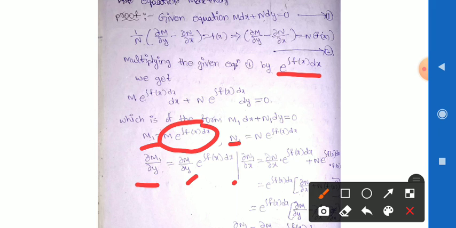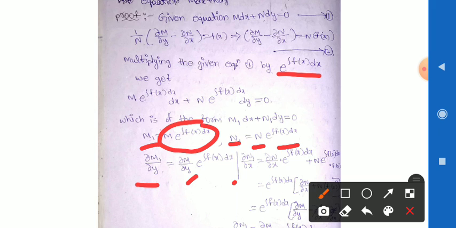Then for N1, I am doing partial differentiation with respect to x. We get ∂N1/∂x using the u into v method. Here N is a function of x and y, and the exponential of the integral of f(x) dx is the other factor.